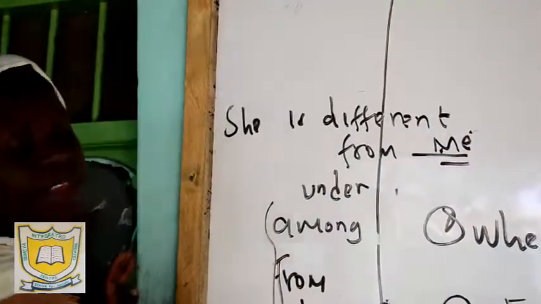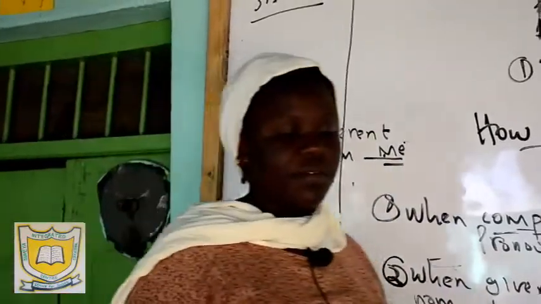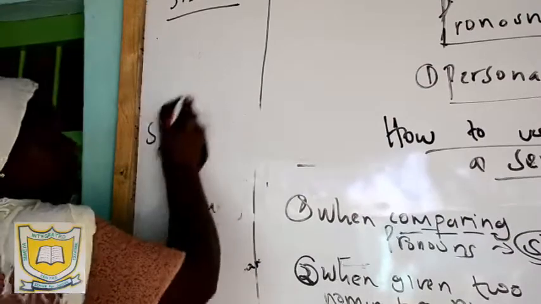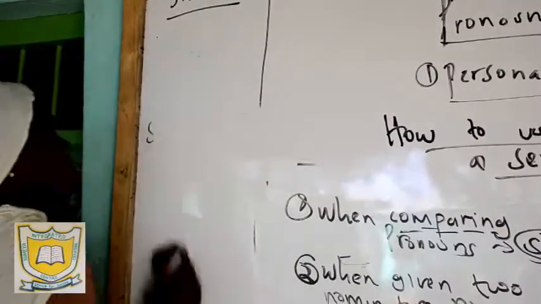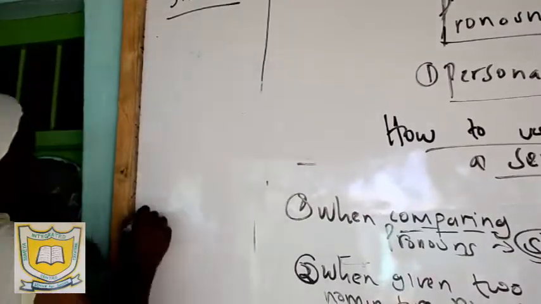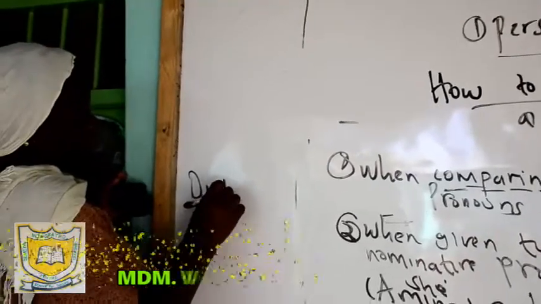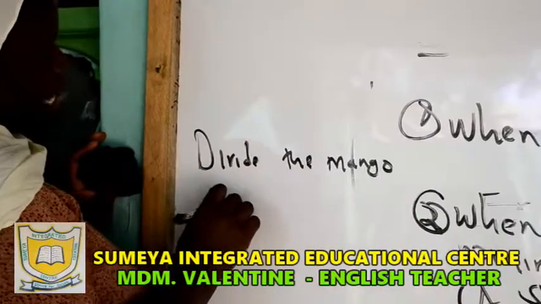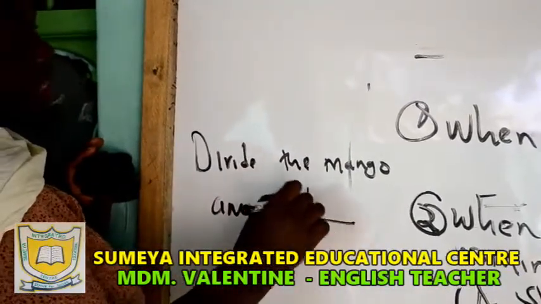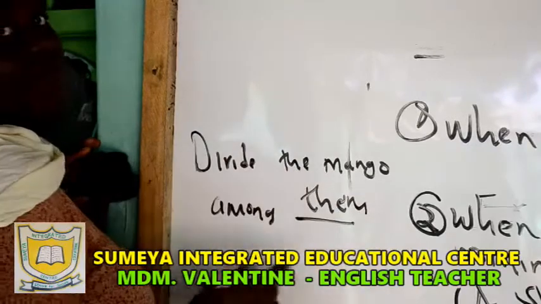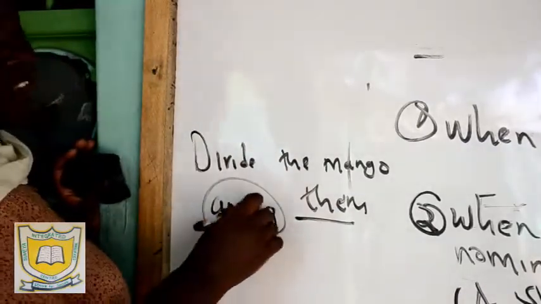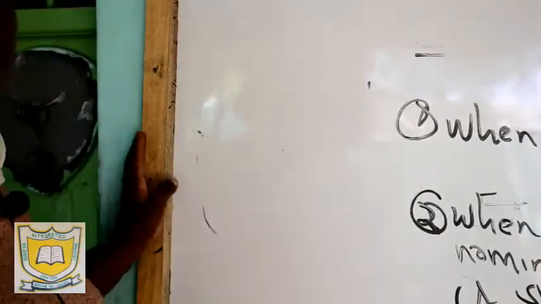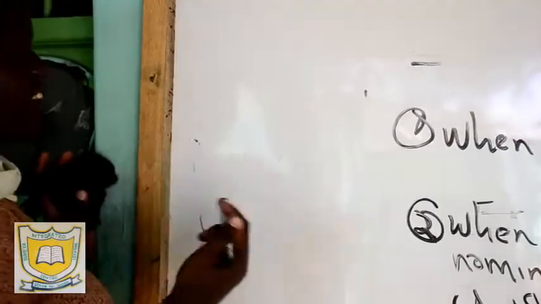Or you can say, divide the mango among them. Which is what? You have among, which is a preposition, and then you follow it with an objective pronoun.